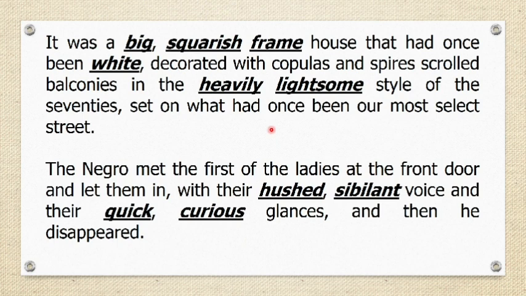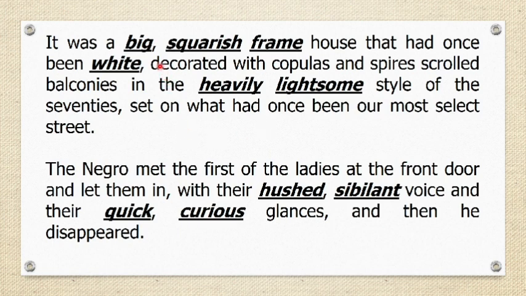I picked out some sentences in the selection story A Rose for Emily by William Faulkner, and here are some sentences where the adjectives are very noticeable. The first sentence: it was a big squarish frame house that had once been white, decorated with cupolas and spires, scrolled balconies in the heavily lightsome style of the 70s, set on what once been our most select street.